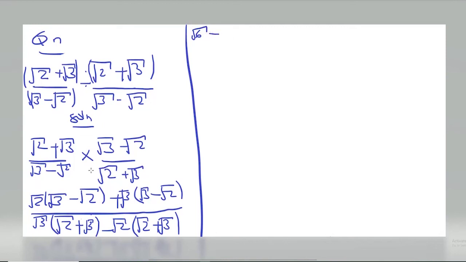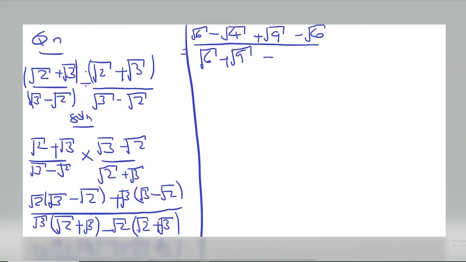Minus 2 under root times 2 under root is 4 under root, plus 3 under root times 3 under root is 9 under root, then 3 under root times 2 under root is minus 6 under root. Now this one will be equal to over 3 times 2 is 6 under root, then 3 under root times 3 under root is plus 9 under root, minus, then 2 under root times 2 under root is 4 under root.